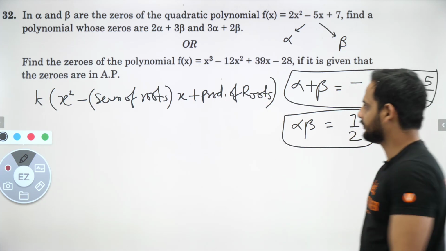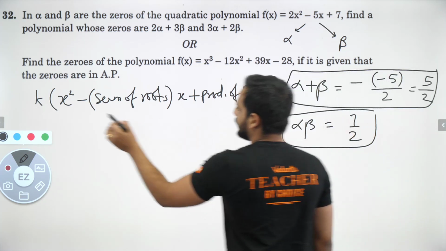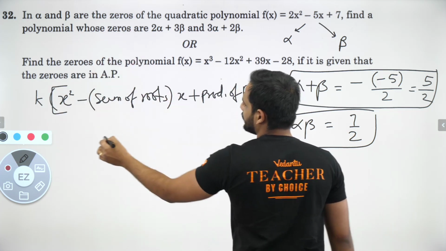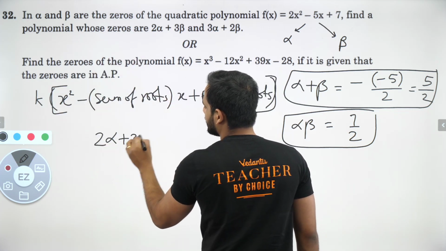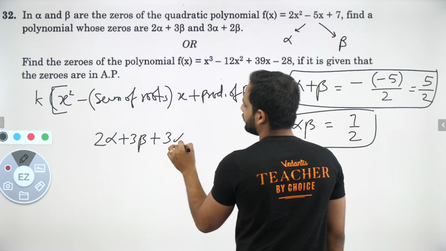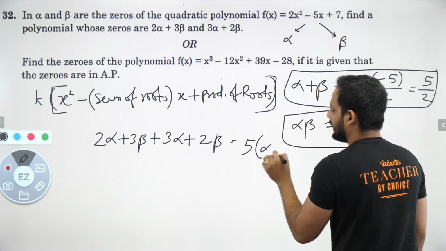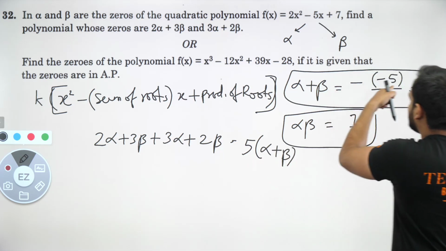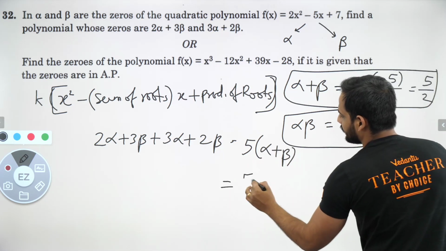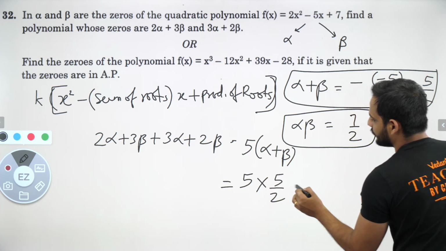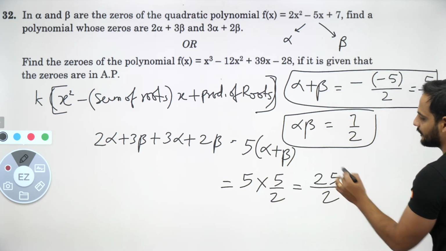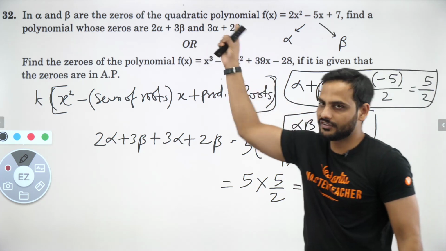So let us see the sum of roots. Sum of roots will be 2 alpha plus 3 beta plus 3 alpha plus 2 beta. So what are you getting? 5 times of alpha plus beta, and alpha plus beta I know is 5 by 2. So you are getting 5 times 5 by 2, which is 25 by 2. Sum of the roots is 25 by 2.